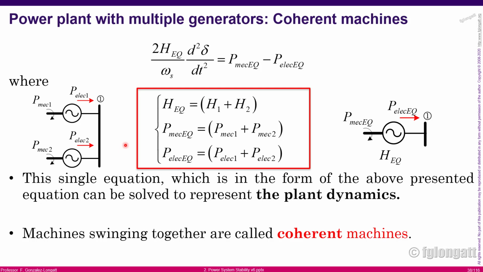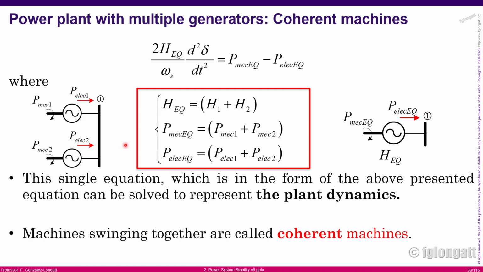And we call that kind of machines coherent machines. Coherency is a property of the dynamics, coming from the angles and rotational speed. When machines follow each other in terms of angles, we say that they are coherent or they swing together.